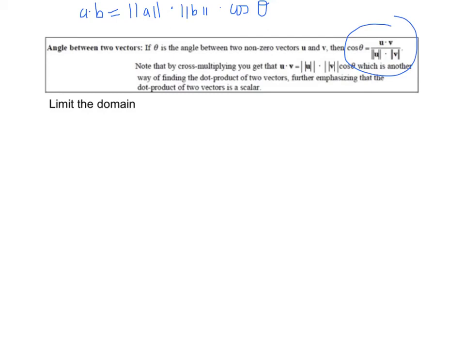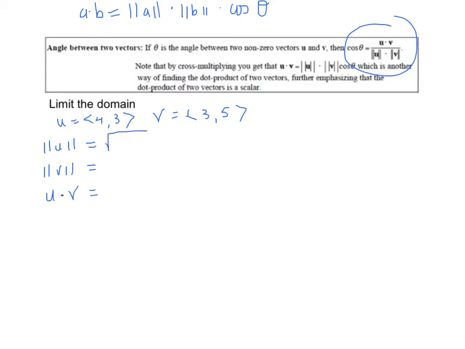So for instance, if we let u equal 4, 3, and we let v equal 3, 5, I picked a couple of easy ones, and then find the angle between the vectors. And so what I like to do is I go ahead and do everything over here. Find the magnitude of u, find the magnitude of v, find u dot v, and then write it into the formula.